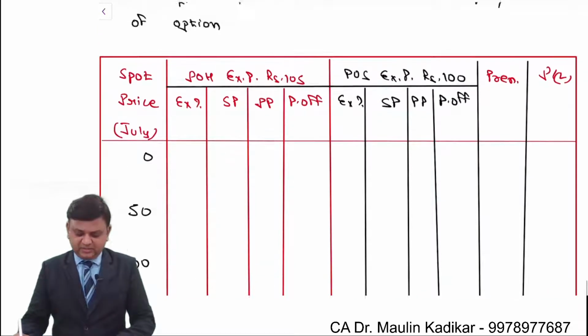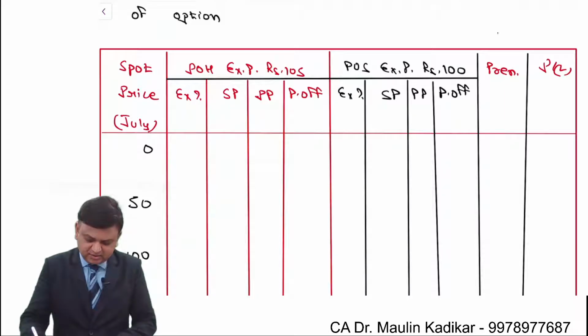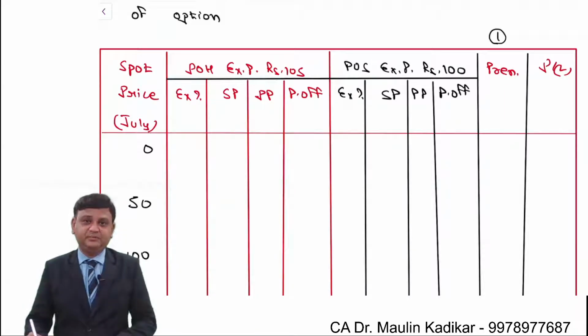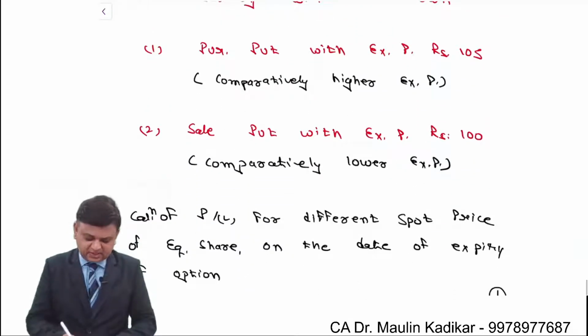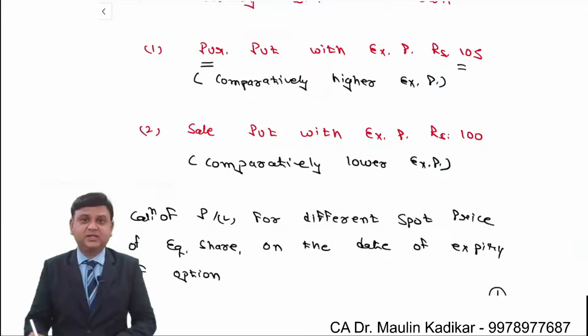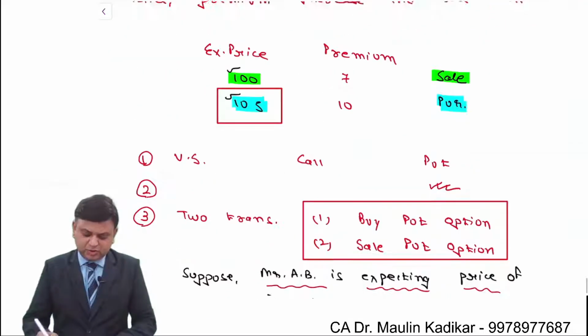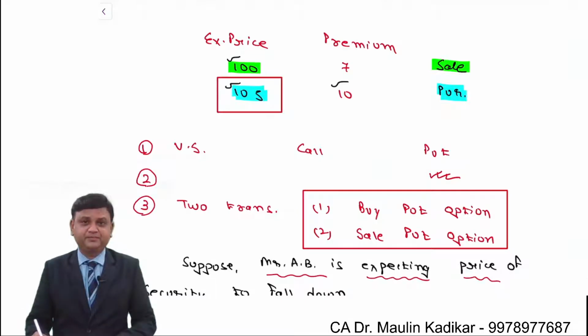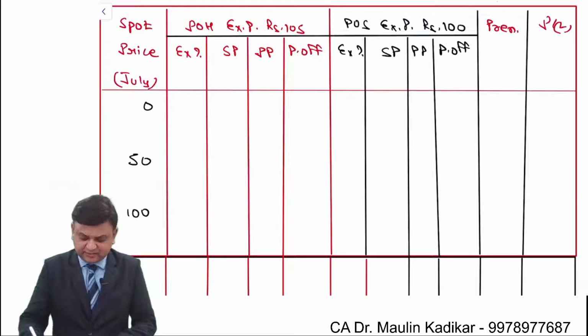Dear students, I always recommend this sequence of doing the answer. Step number 1 is premium. Let's say we have purchased a put option with exercise price 105. You have purchased a put option which has the higher exercise price, so you have to pay more premium, that is an amount of rupees 10.